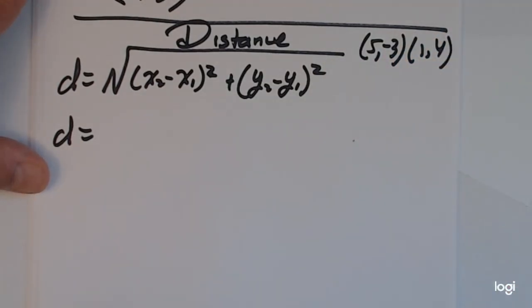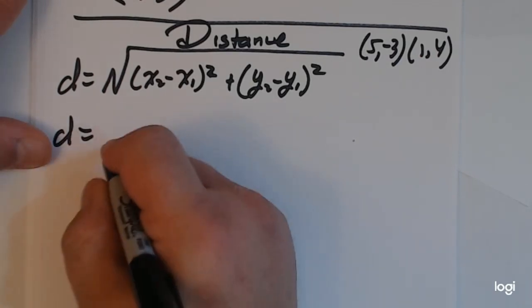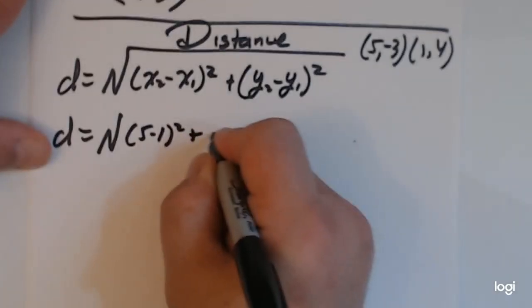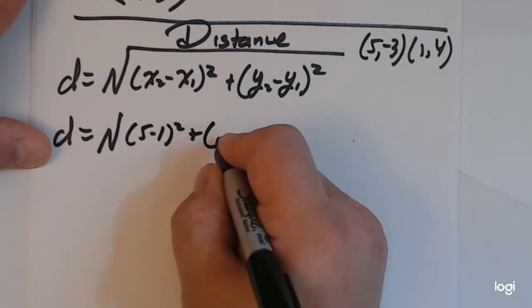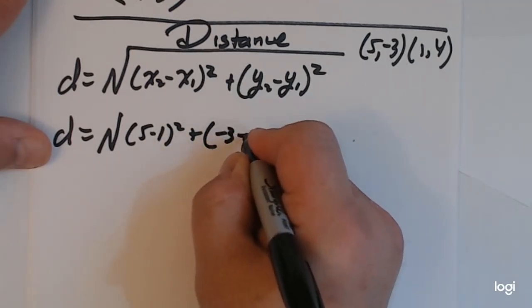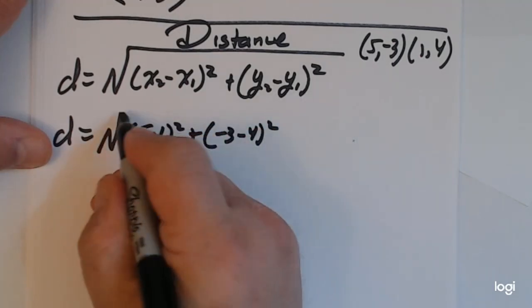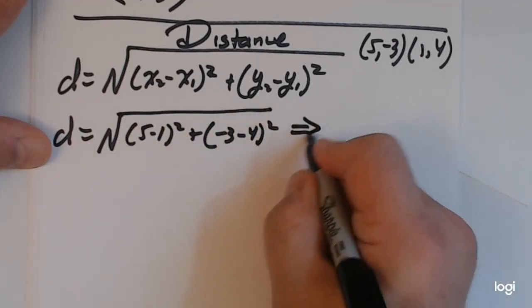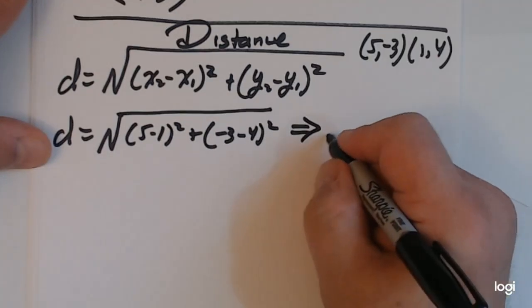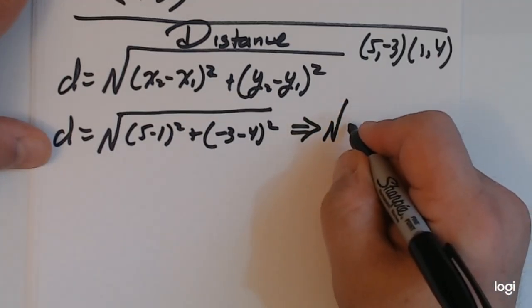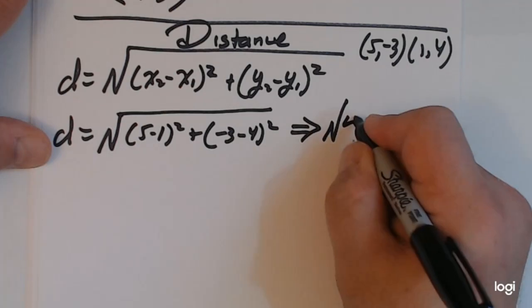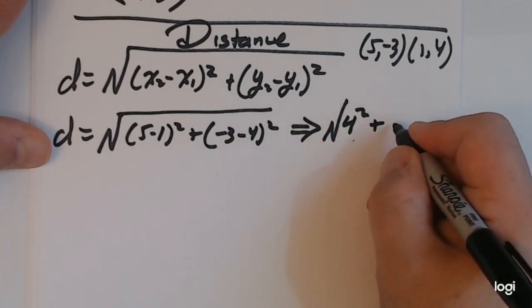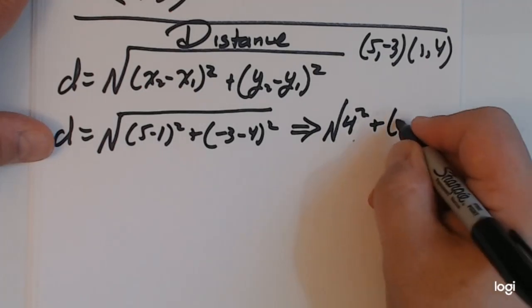So the square root of 5 minus 1 squared plus negative 3 minus 4 squared, which gives us the square root of 4 squared plus negative 7 squared.